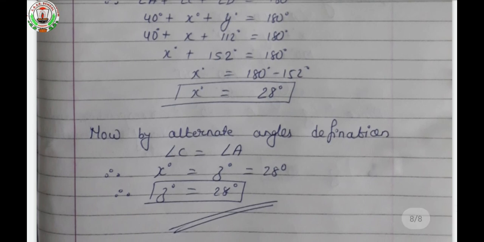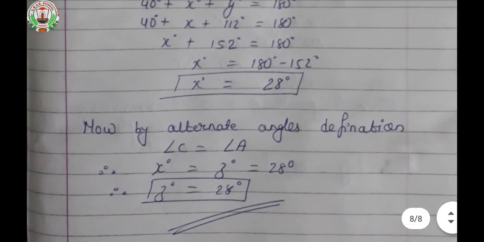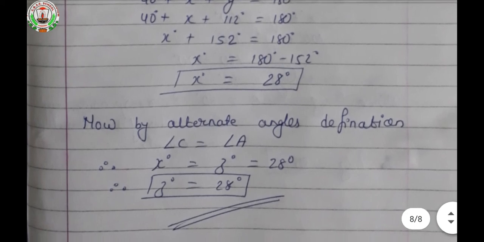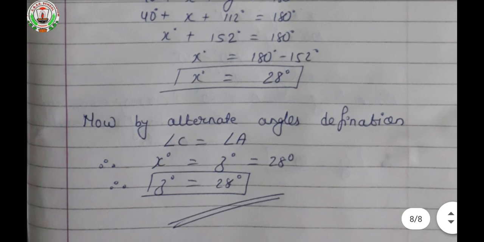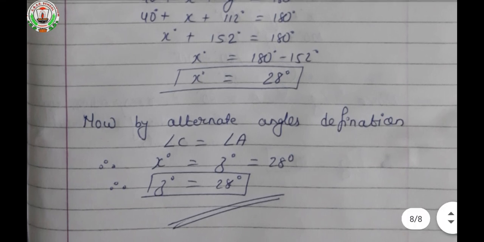Now we will see about angle Z. Since by the property or by the definition of alternate angles, angle C will be equal to angle B. Why is it so? Because the alternate angles are equal, isn't it? Therefore angle X is equal to angle Z. That means angle X value we are having is 28.